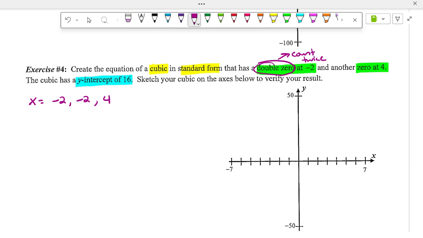So we count -2 twice, meaning we have to write the factor twice, because our dance move will be a bounce when we graph it. So let's get my factors first. So y equals a. What is -2 as a factor?